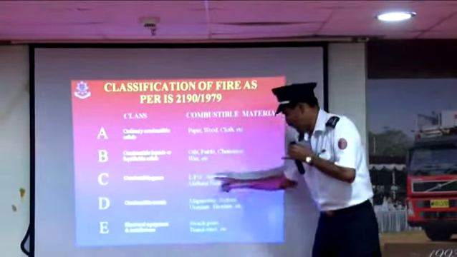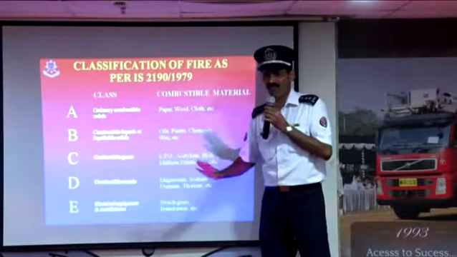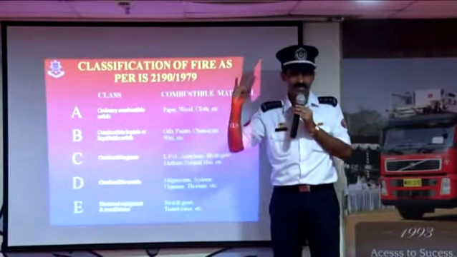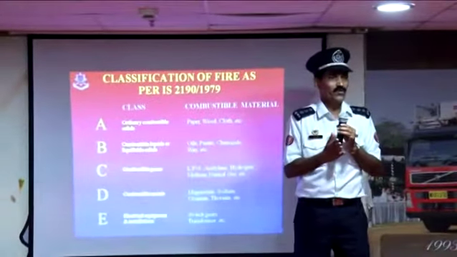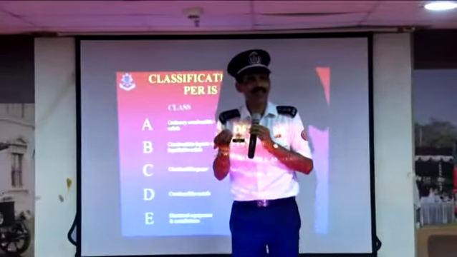Now let us see LPG, acetylene, hydrogen, methane, natural gas. Natural gas has three forms: PNG, LNG, CNG. What are these? Piped natural gas, compressed natural gas, liquefied natural gas. Okay. So what is the main method used to extinguish class C fire? Can anybody think for a while?